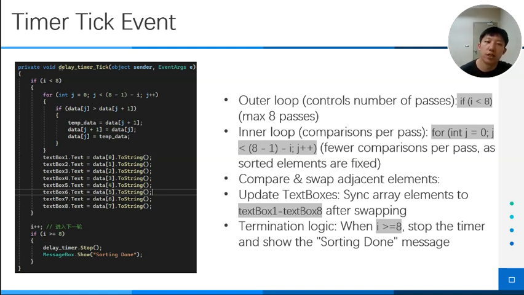When two adjacent numbers are in the wrong order, use temp to swap them. After swapping, update the text boxes right away to show the process. When i is more than 8, sorting is done.